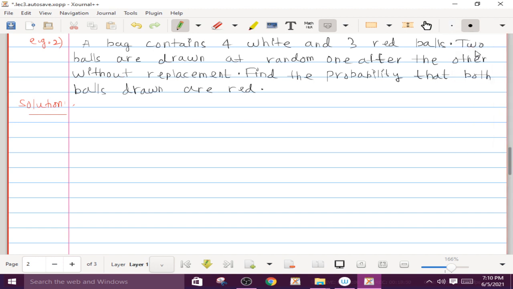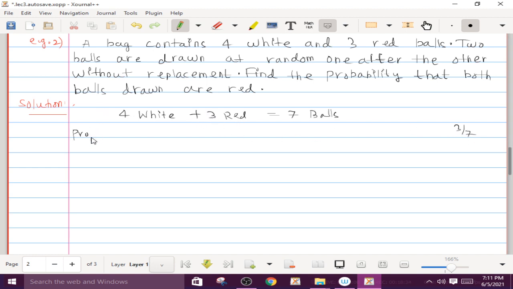So there are total 4 white plus 3 red. So total 7 balls are there. So if you select one ball at random, then what is the probability of a red ball? Obviously it is 3 by 7. So out of 7, total red balls are 3.